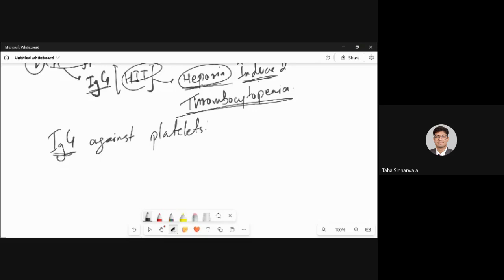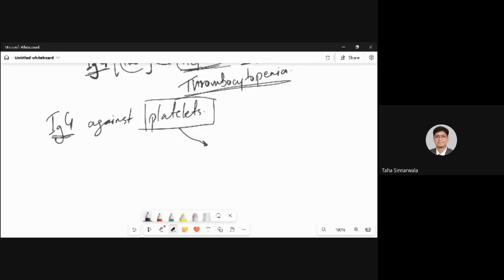Now, there is one thing that you need to remember: this antibody is not exactly against the platelets, but it's against the molecule, which is heparin and then platelet factor 4. This complex, which is present on the surface of platelets, is what this antibody is produced against.